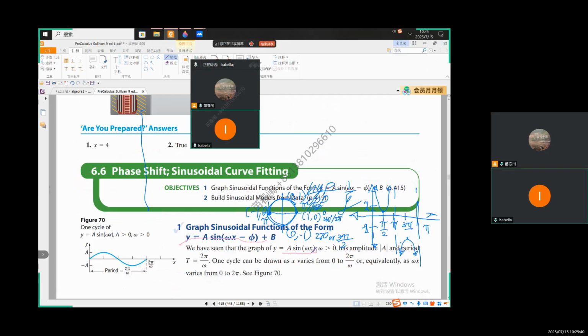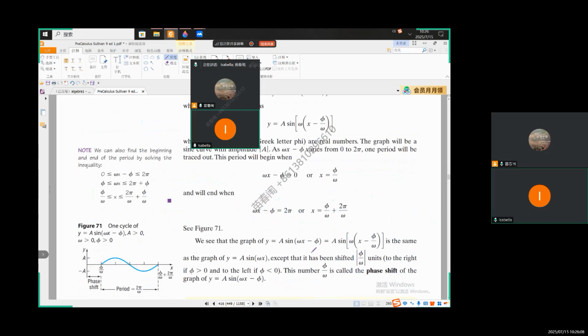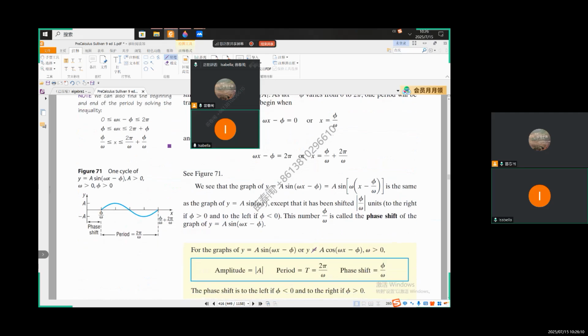Sorry, I don't remember the omega variable being like that, but I do remember it was more like y equals a sine bx plus c or whatever, plus d, I guess. Yeah, good. Then we can go to this one.